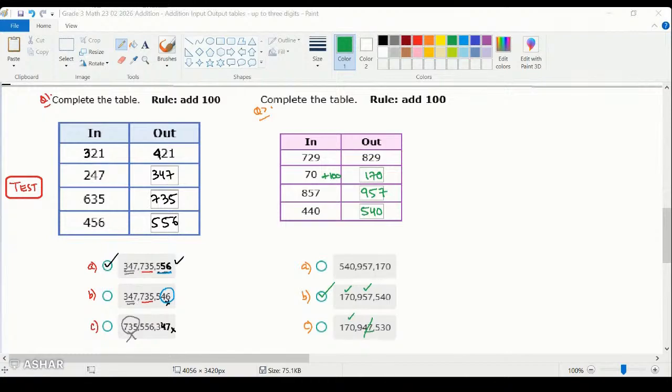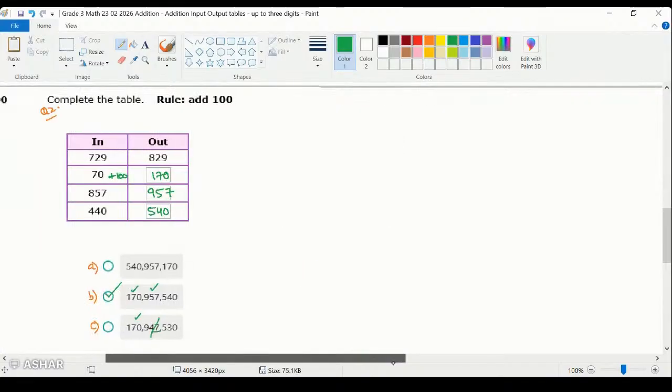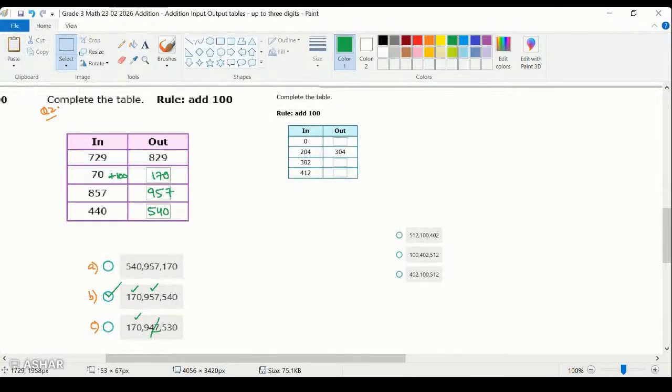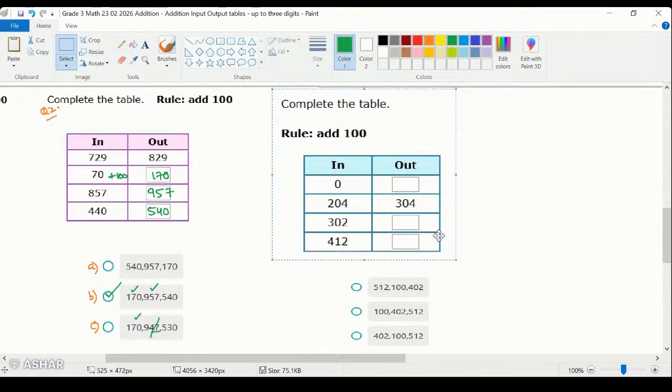Let's have a look at another. Just a minute, please. For the next question, it says, complete the table and find the rules. Just a moment. Let me copy paste. Question number 3 gives us this information. Complete the rule. Solve the question.